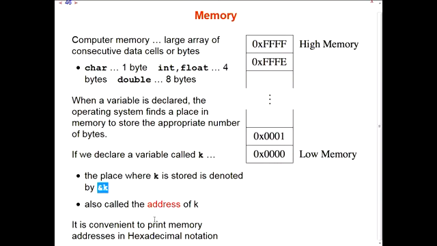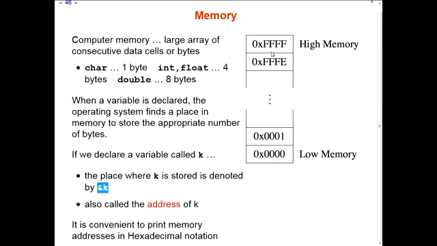Now, it is convenient and standard to print memory addresses in hexadecimal notation. We will do that as well, and the advantage will become clear as we go through this course. What is also standard is when we display memory that low addresses are shown at the bottom and higher addresses on the top.